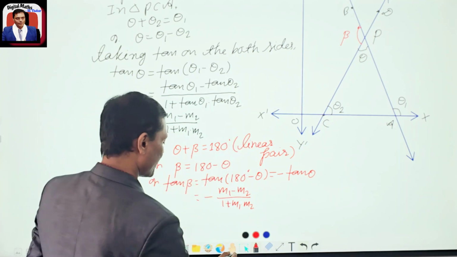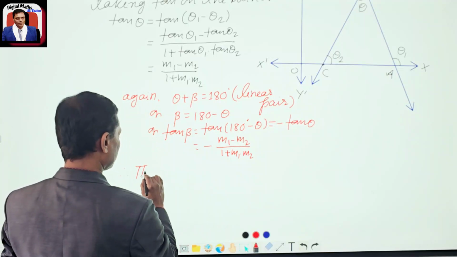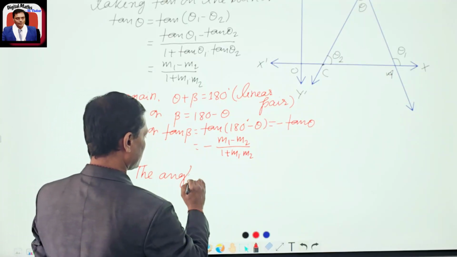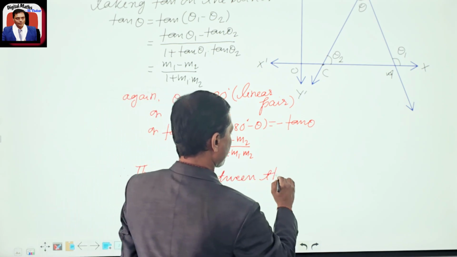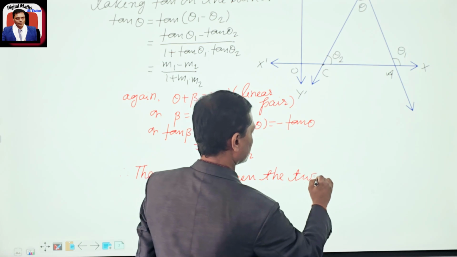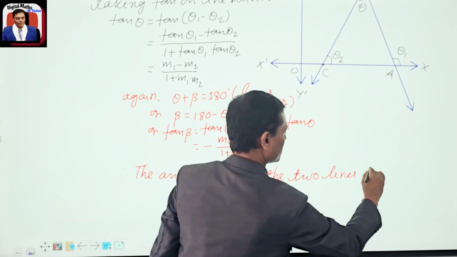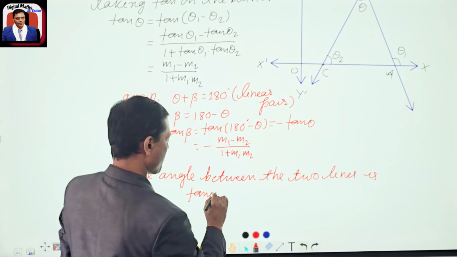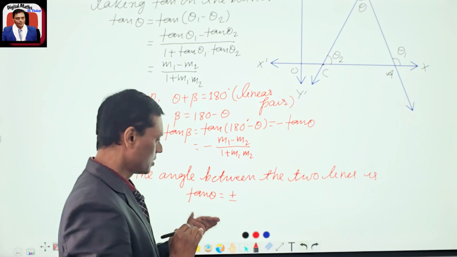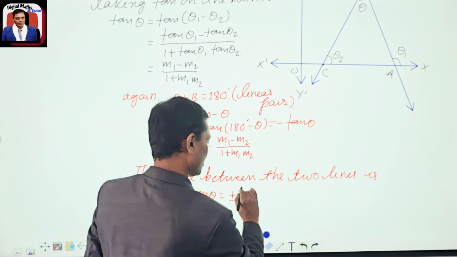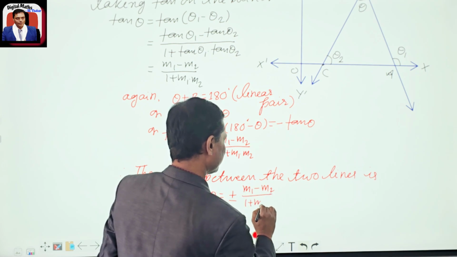Altogether, therefore, the angle between the two lines is given by tan theta equals plus or minus, plus for the acute angle and minus for the obtuse angle, m1 minus m2 over 1 plus m1 dot m2.